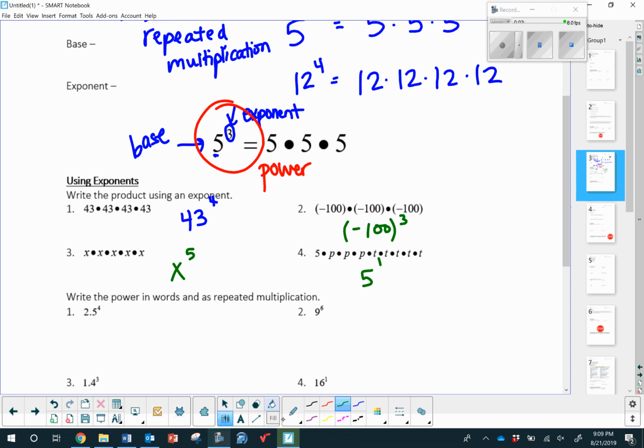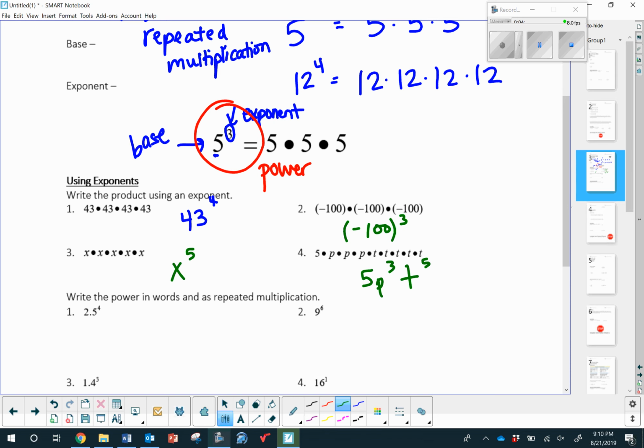So you will just see that as 5. So 5 times p, 1, 2, 3. So that's p to the 3rd. Times t to the 1, 2, 3, 4, 5, t to the 5th power. So 5p to the 3rd power times t to the 5th power.